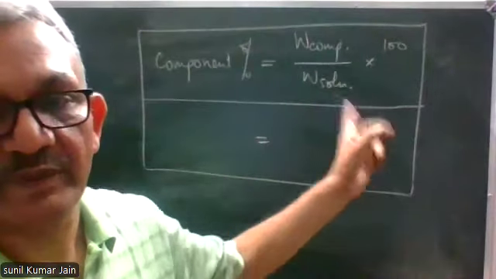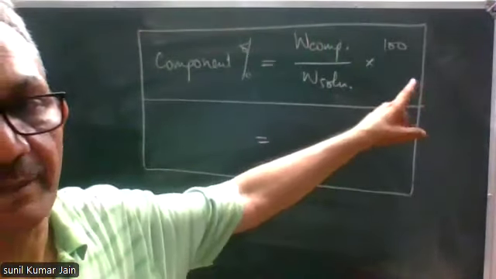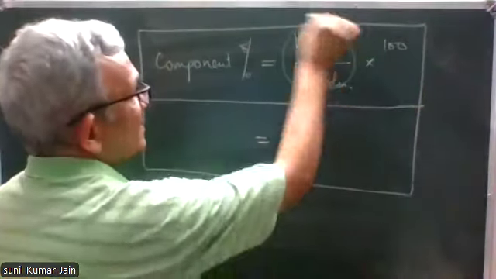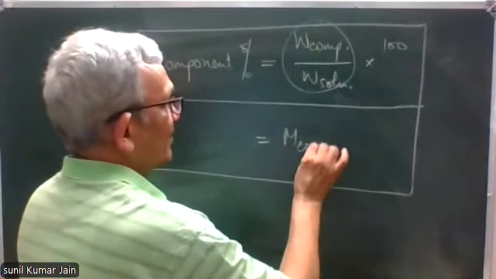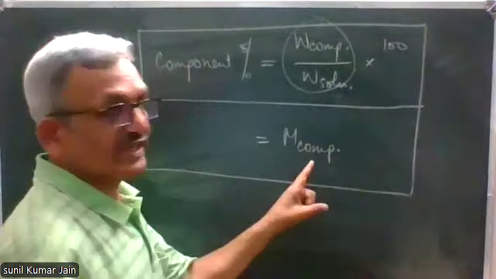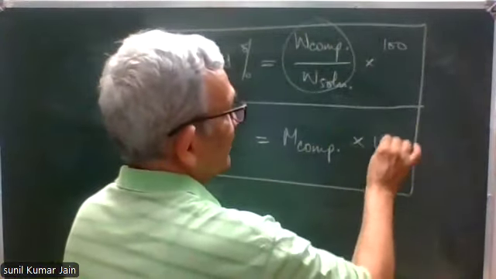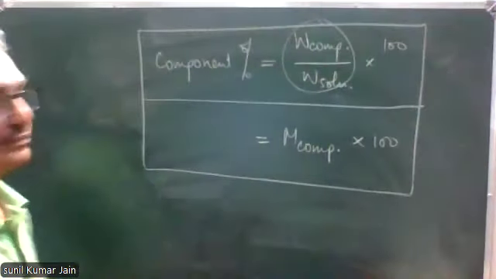Weight of component divided by weight of solution multiplied by 100. Now, what is this? This is nothing but mass fraction. So I can say mass fraction of the component multiplied by 100.